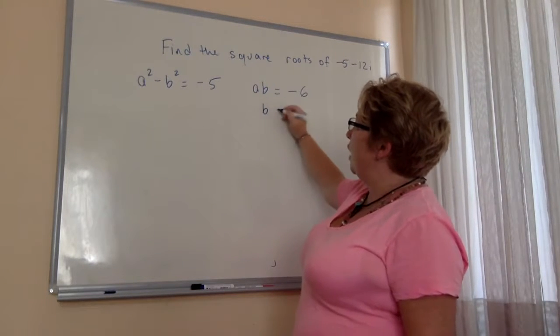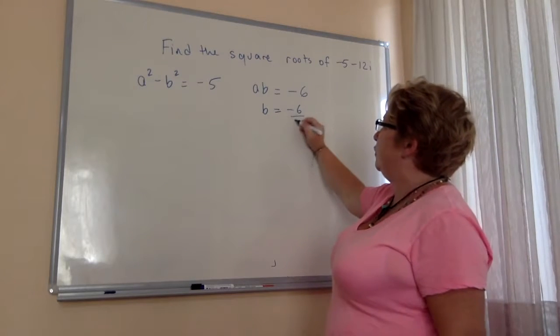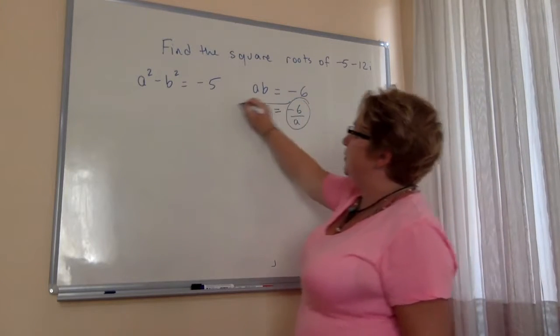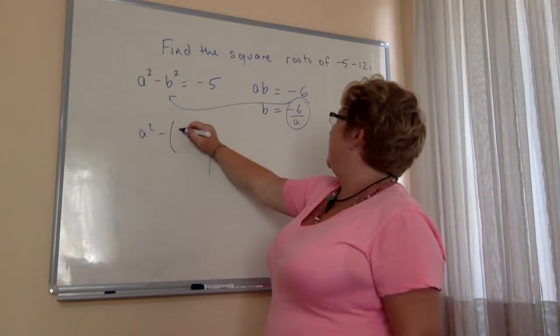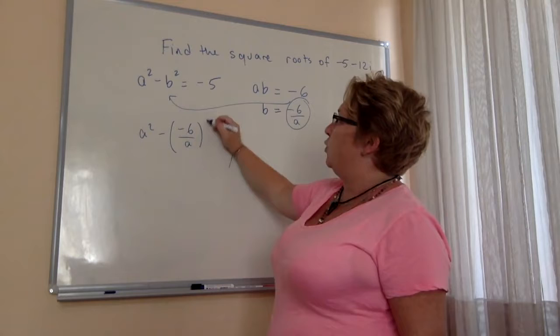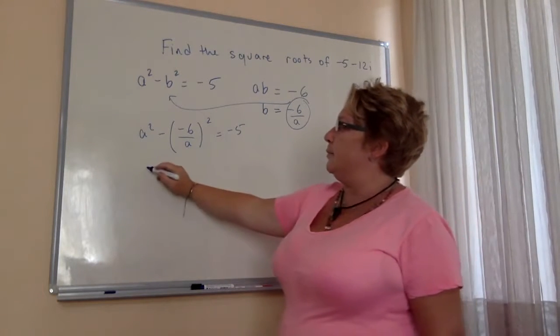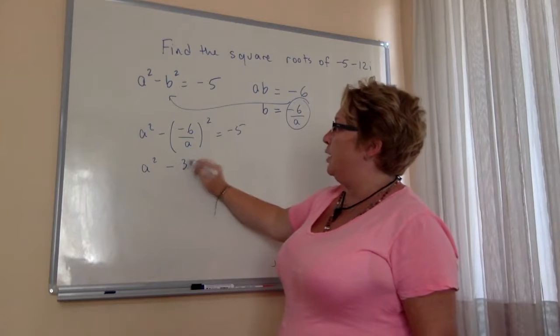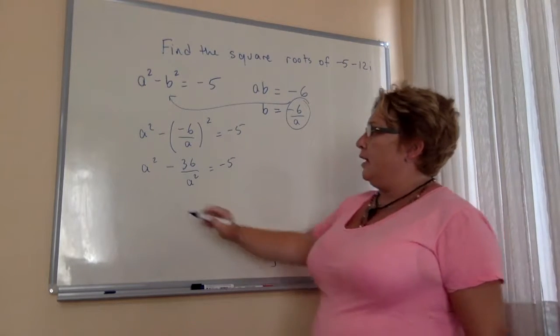So let me try to isolate b here on the right-hand side, and I'll get minus 6 over a. And I can just plug this in here. So I get a squared minus (6 over a) squared equal to minus 5. This will give me a squared minus 36 over a squared equal to minus 5.